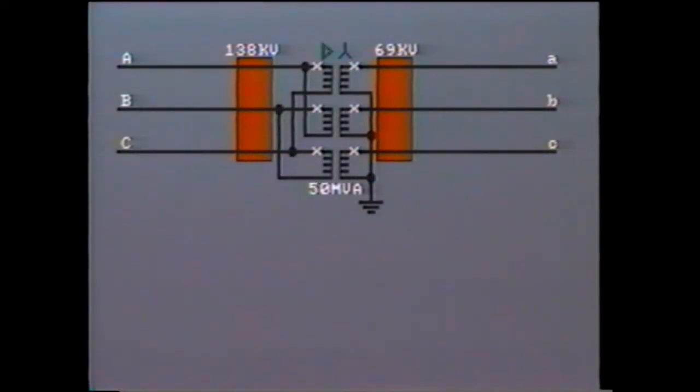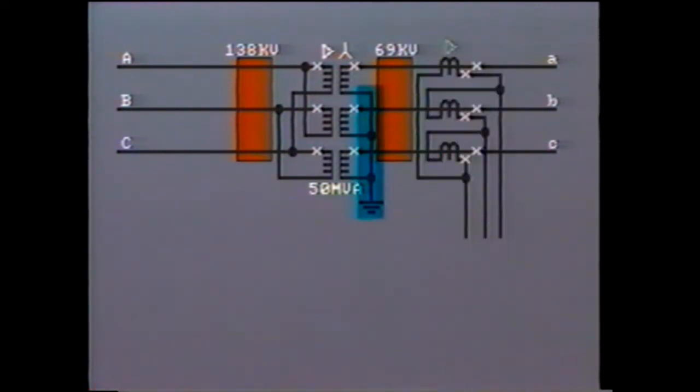Now let's look at phasing for the delta primary Y secondary transformer. The high voltage side operates at 138 kV line to line, while the secondary side is at 69 kV line to line. The neutral of the Y-connected secondary is grounded. Therefore, the CTs on this side of the transformer should be connected in delta, as we have just explained.